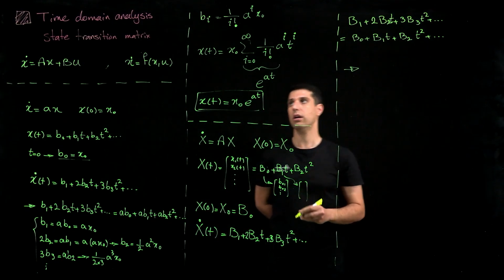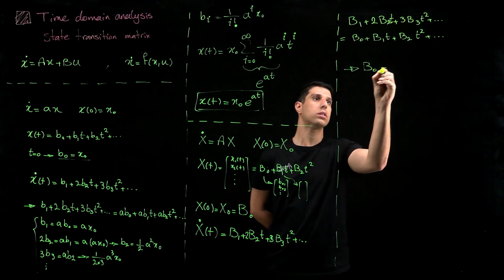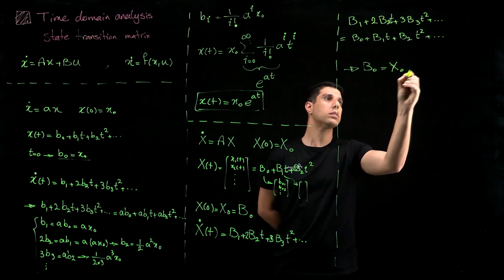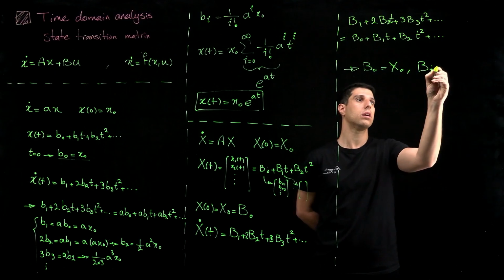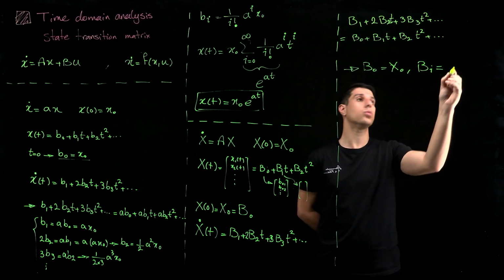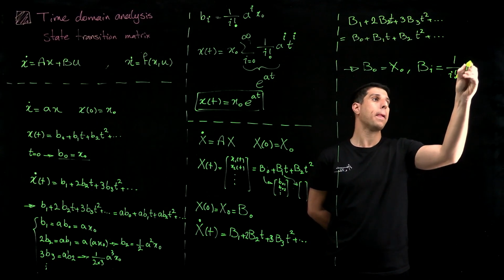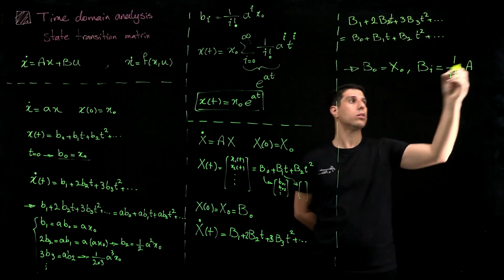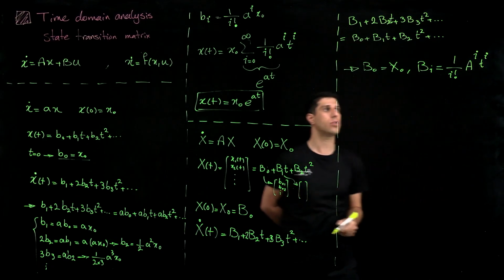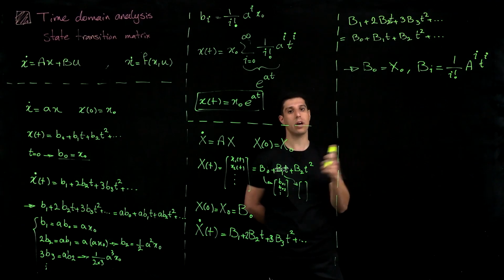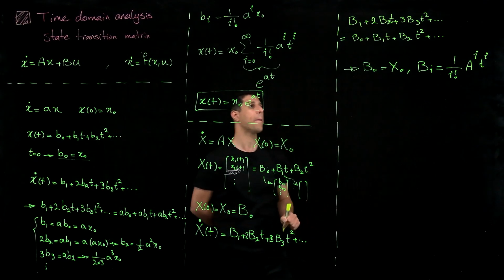So from here I know that my B naught was X naught and my B i for other i's is 1 over i factorial, matrix A raised to power i times x naught, times t to the i. So for instance, if it's A times A, that would be A squared, so matrix multiplication.